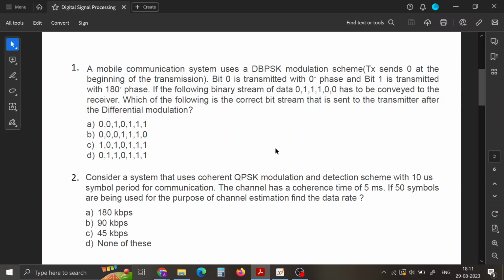Now, in the given question, this binary bit stream 0, 1, 1, 1, 0, 0 has to be conveyed to the receiver. Which is the correct bit stream that has to be sent to the transmitter after doing the differential modulation that has been asked?